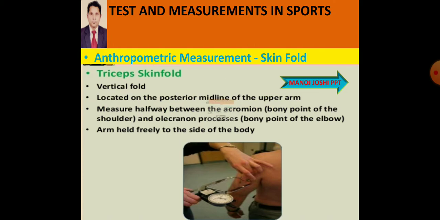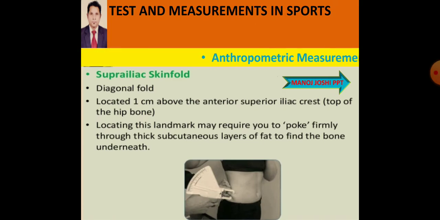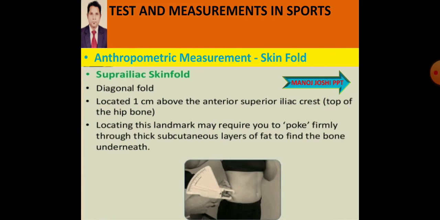Then suprailiac skin fold. Suprailiac we can see here. This is also a diagonal fold. Located 1 centimeter above the anterior superior iliac crest, top of the hip bone. Locating this landmark may require you to poke firmly through the thick subcutaneous layer of fat to find the bone underneath.